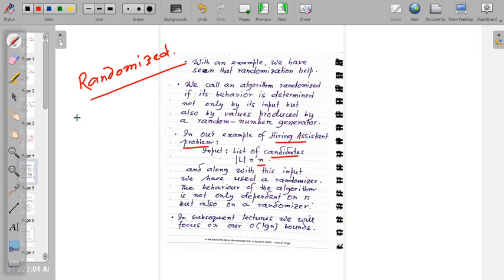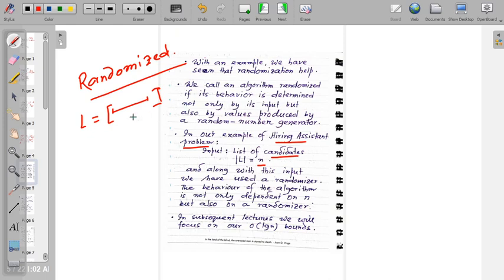Whenever we are sorting some numbers, we are given one array or a list of numbers and we are sorting these numbers. At that time, what is the input? Can you tell me what is the input, you guys?